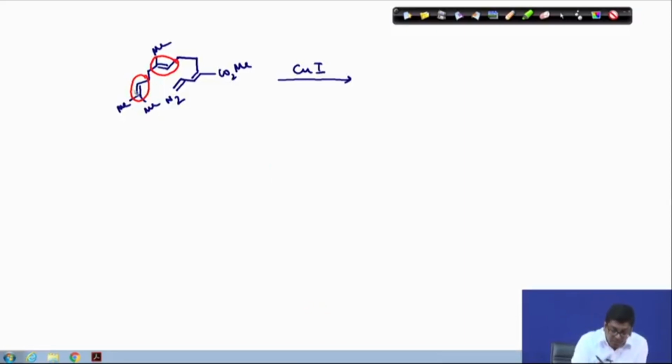Okay. If you see here, both the olefins are tri-substituted. But the product they found is the 6 and 3 membered ring, that is the cyclopropane-fused cyclohexene.